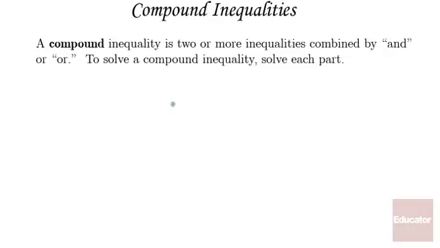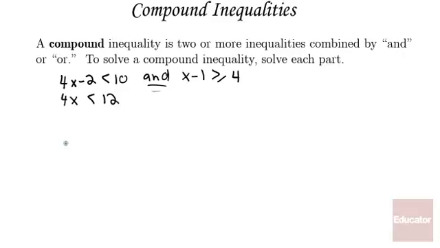For example, if you are given 4x minus 2 is less than 10, and x minus 1 is greater than or equal to 4, it's connected by the word and, so it's a compound inequality. So I'm going to solve each part of that. 4x, add 2 to both sides, that would be less than 12.